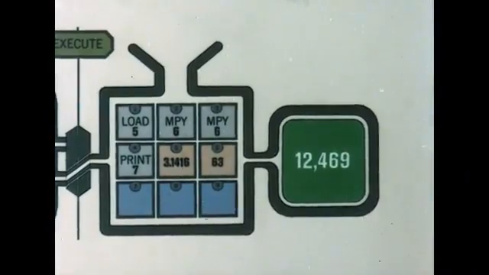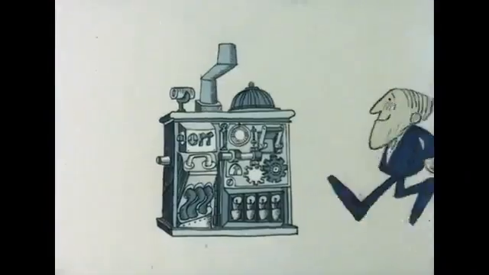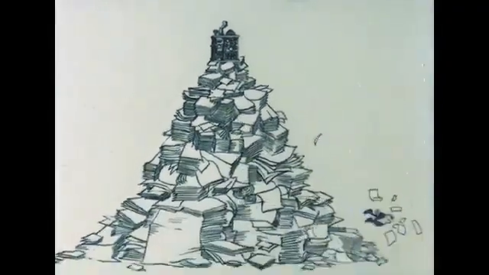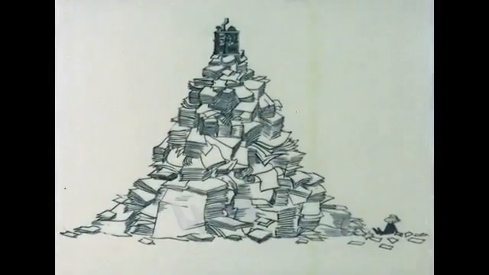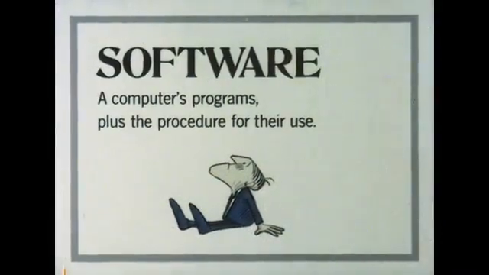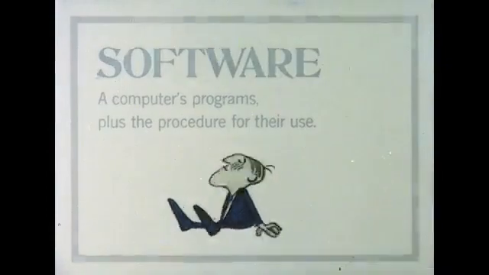The devices themselves, the electronics and mechanics, are referred to as hardware. But the directions that make the hardware perform operations are known as software. A computer's programs plus the procedure for their use.